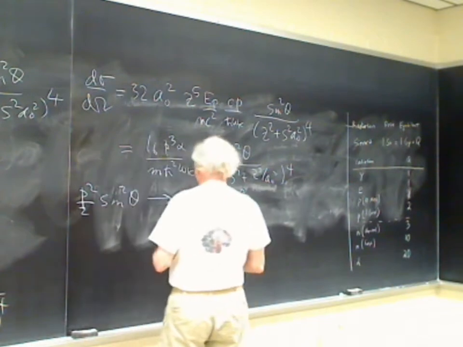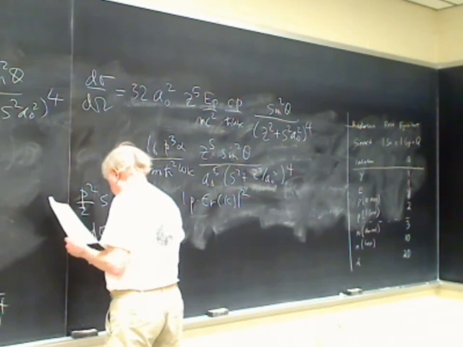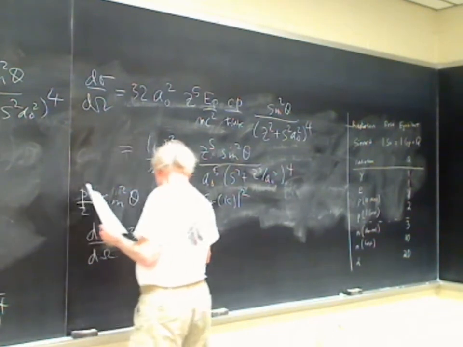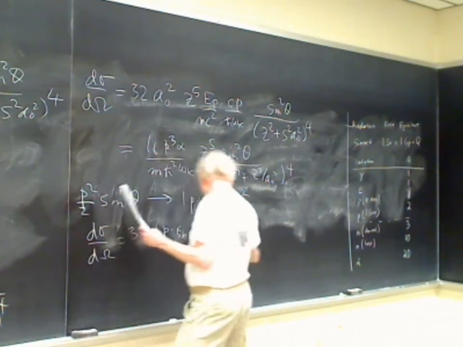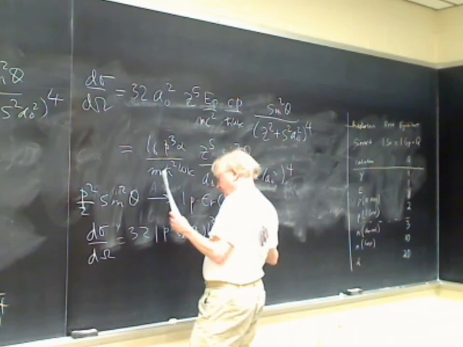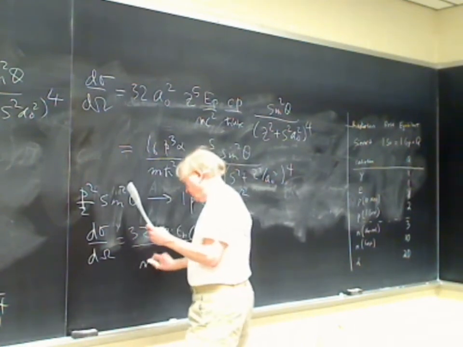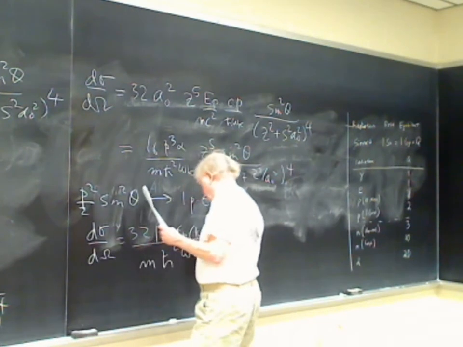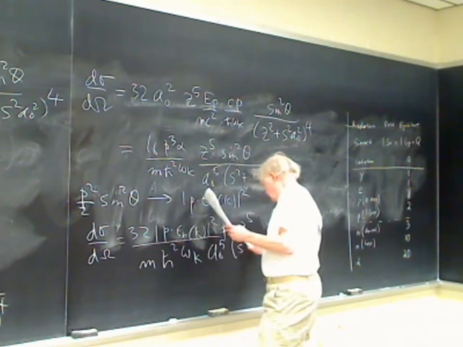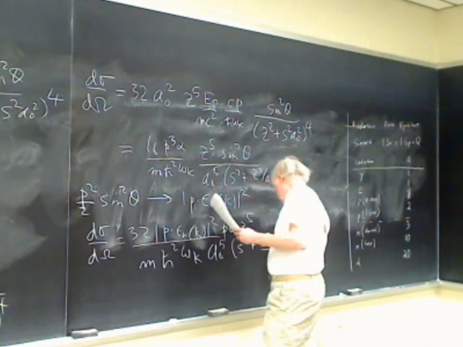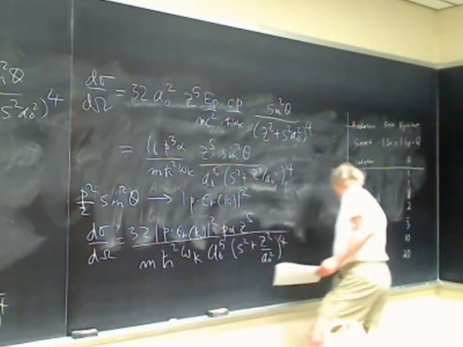And so that means that d sigma d omega is 32 p dot epsilon r of k squared p alpha z to the 5th over m h bar squared omega k a0 to the 5th, s squared plus z squared over a0 squared to the 4th.